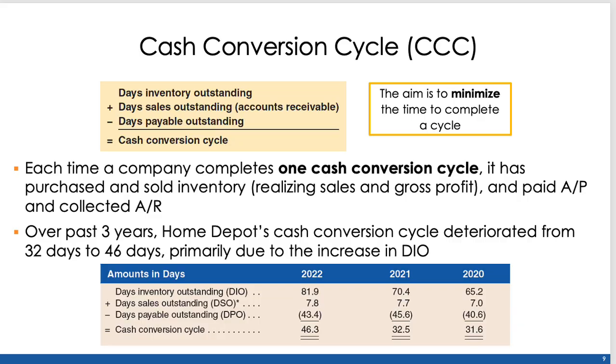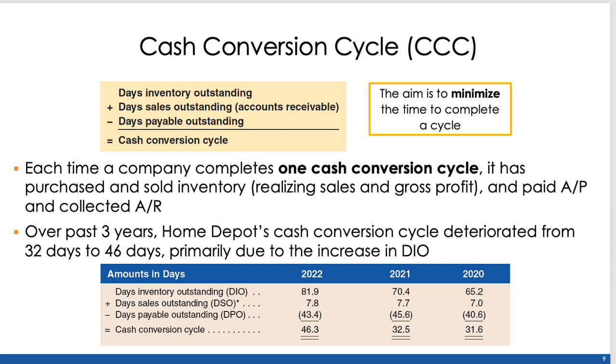So all of this is part of the cash conversion cycle illustrated here on this slide. And you can see there in the beige rectangle at the top, your aim is to try to minimize the time it takes to complete the cycle, of which you see these three components, which of course we talked about several decks ago in another module, right?